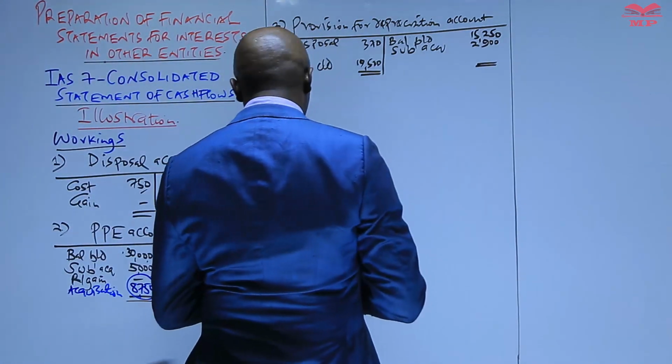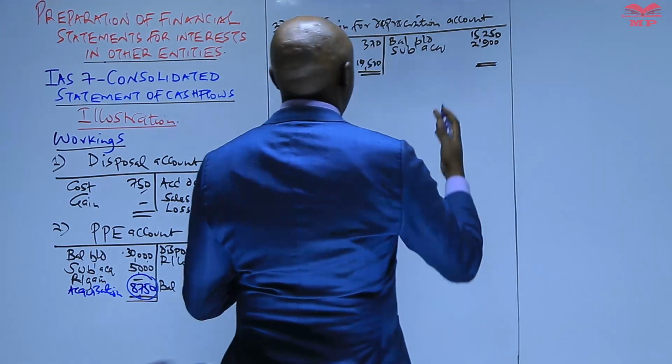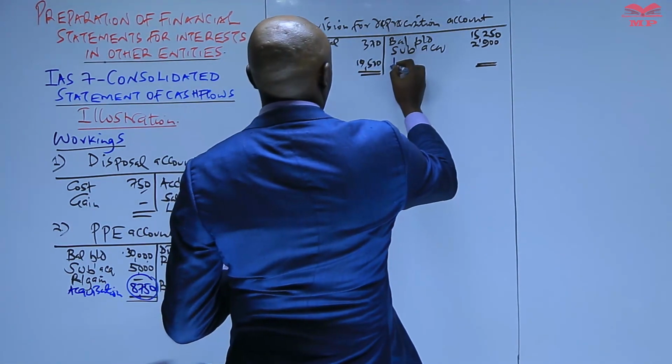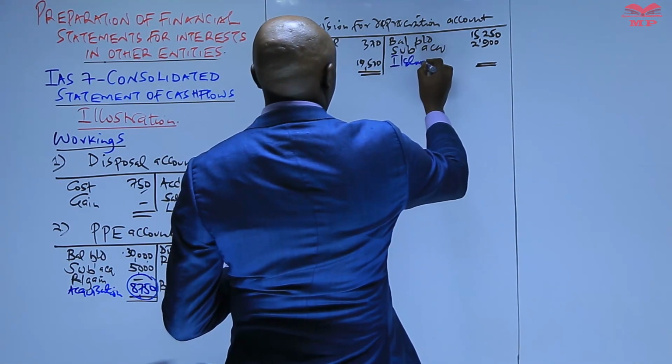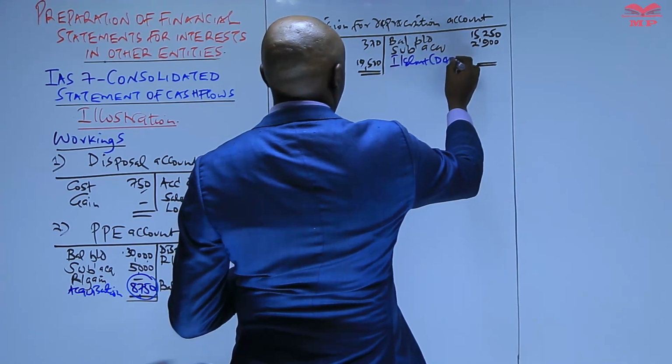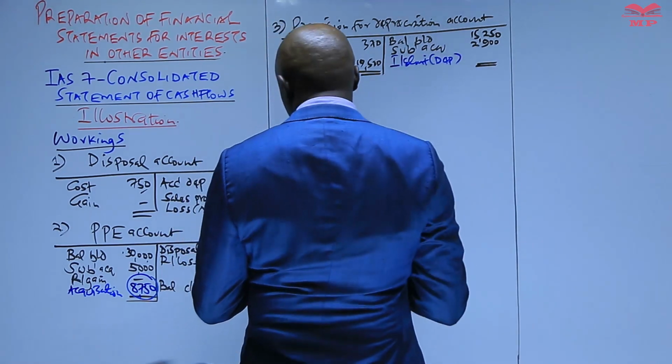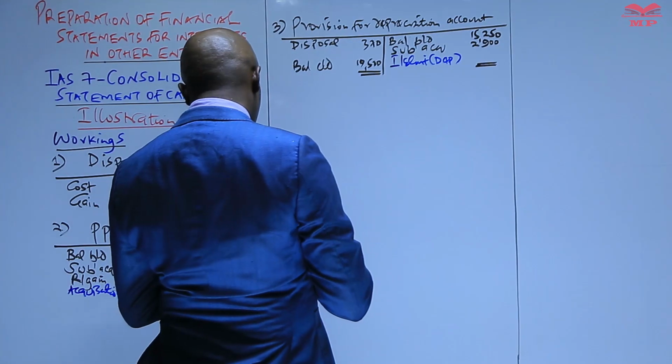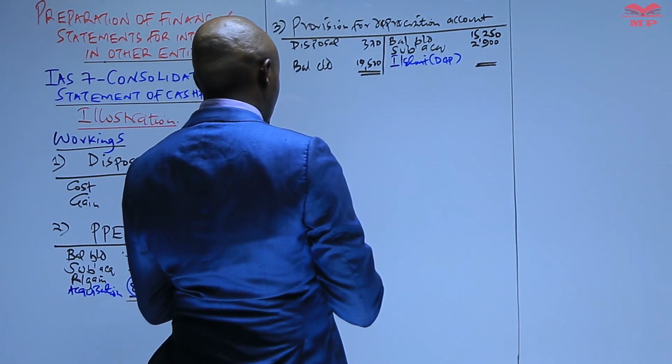Then we also balance this account, and the balancing figure in this account here will be on this side, and basically these represent the depreciation for the current financial year, and which was deducted or which was taken into account in the computation of the profit or loss for the year.